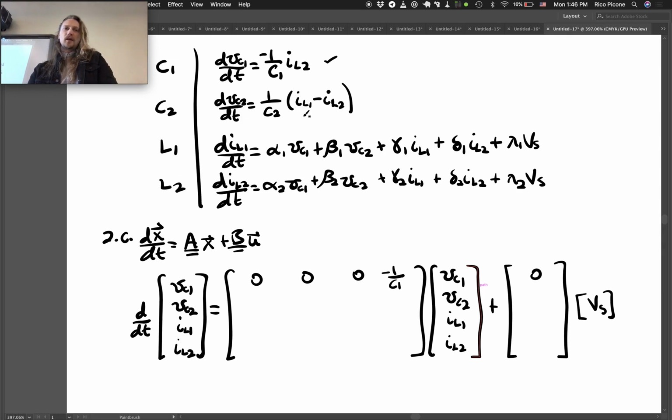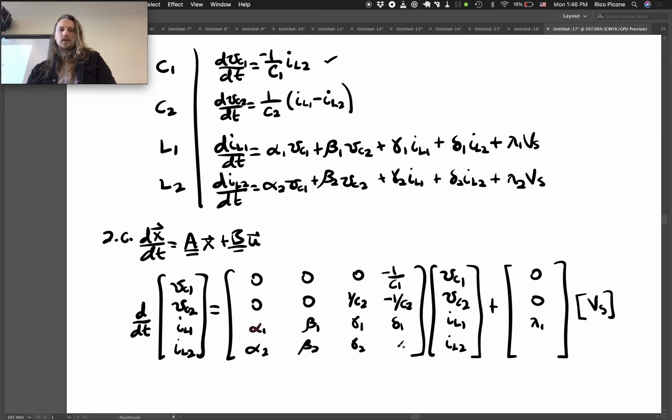The dVc2/dt equation gives me 0 Vc1, 0 Vc2, 1 over C2 IL1, negative 1 over C2 IL2, and 0 Vs. The IL1 equation gives me alpha 1 Vc1, beta 1 Vc2, gamma 1 IL1, and delta 1 IL2, and lambda 1 Vs. Similarly, IL2 has alpha 2, beta 2, gamma 2, delta 2, lambda 2.